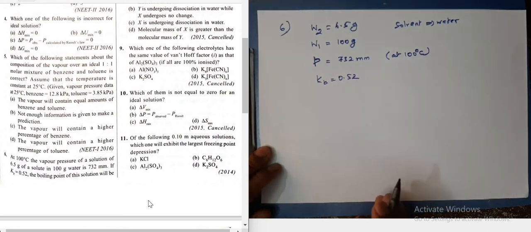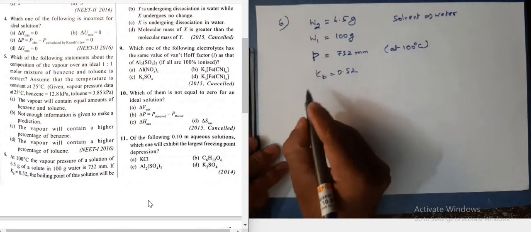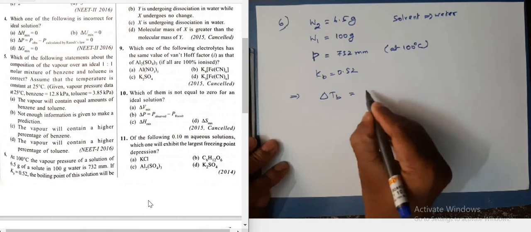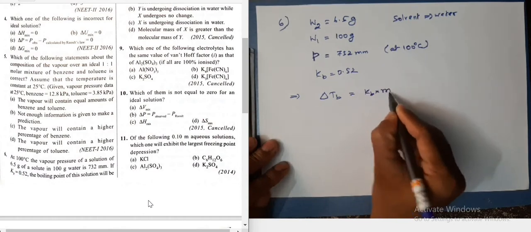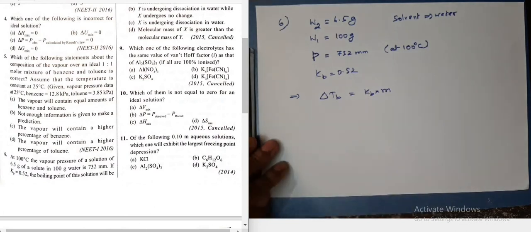The question is, the boiling point of the solution will be, okay, you know very well, delta Tb equals Kb into molality. I am not using i here because here it is given simply solute. Students, observe carefully.